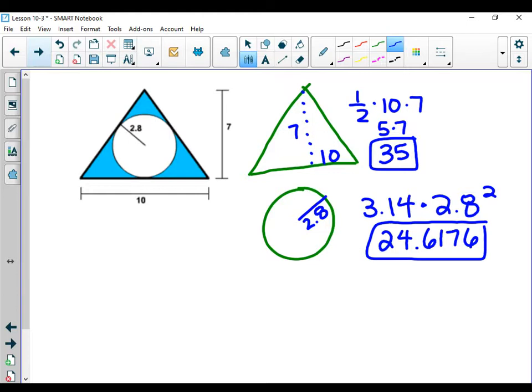So what should I do? Subtract. Close to 10? 10.3824.